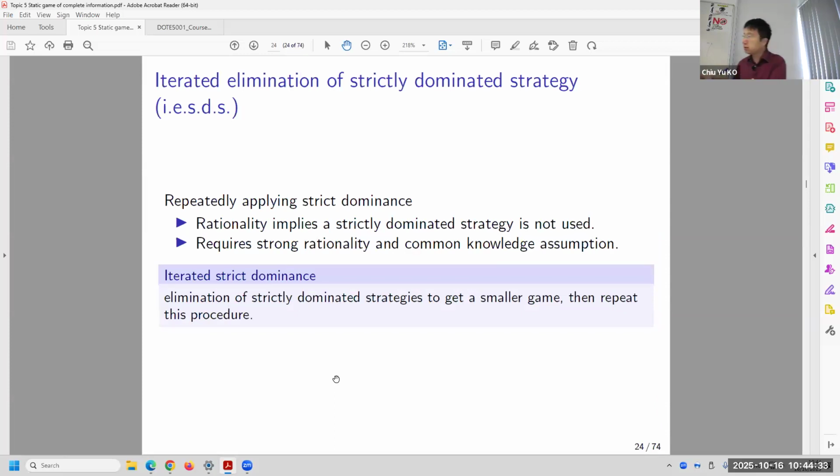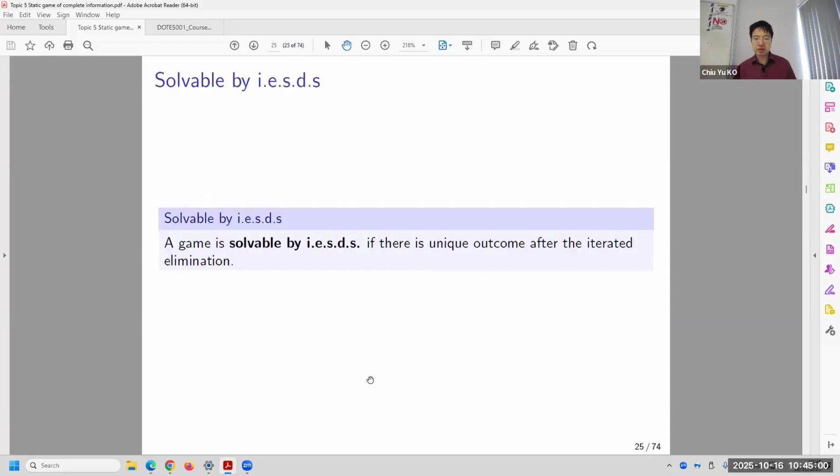But this is pretty strong, because strict dominance only requires you to know you're not stupid, and that the other guy is not stupid is fine. But for this one, you have to know the other guy knows you're not stupid, because we have to keep doing this operation. Let me show you the example.